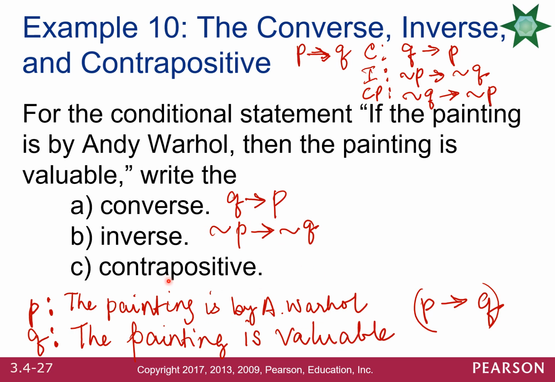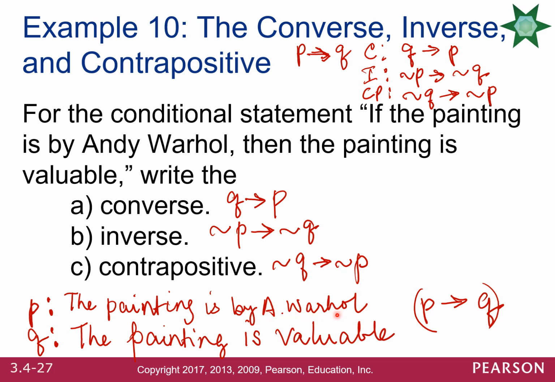And then the contrapositive, which is the converse of the inverse, is if not Q, then not P, correct? So how would we write that or say it in words? If the painting is not valuable, then it is not by Andy Warhol.